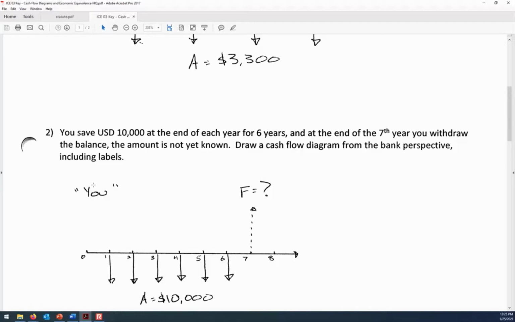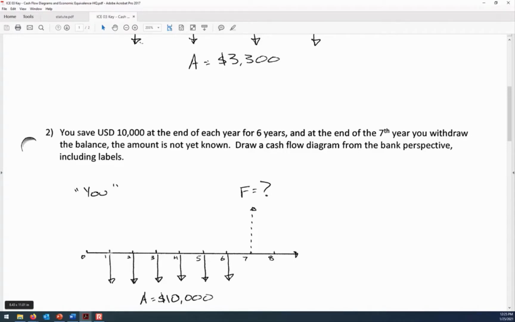And sometimes when it talks about, like, at the end of the 7th year, keeping track of what year it is can be a little bit tricky because time 0 is here, the present. The first year is between 0 and 1, so it's a period. The first year is this segment from 0 to 1, and so the end of the first year is at the number 1.